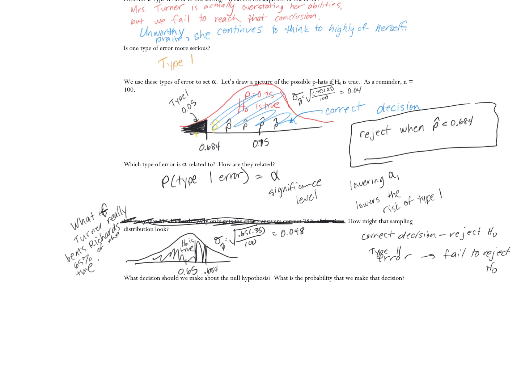Because remember, the test always assumes you're on that null hypothesis is true graph. That's what we do. We assume the null is true. So the cutoff value for when you're going to reject or fail to reject is the same either way, no matter what. All right, so now again on the graph, this is that correct decision. This is a type 2 error.